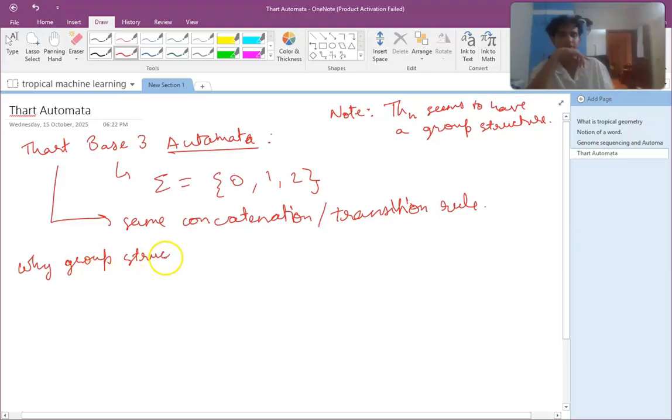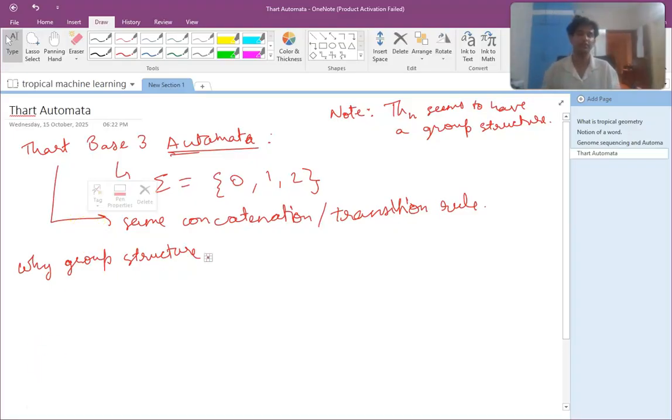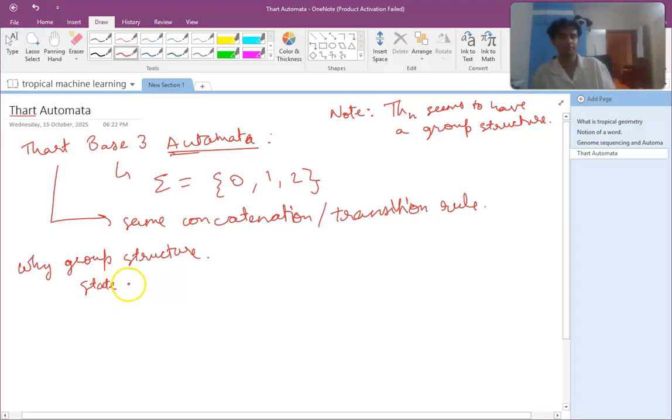Instead of taking it as a group and trying to prove it using T0, T1 and T2, we instead try to show that the state diagram is a Cayley graph of some group.